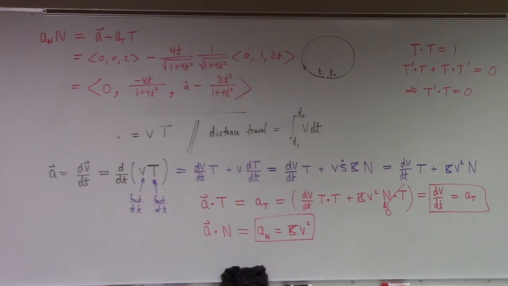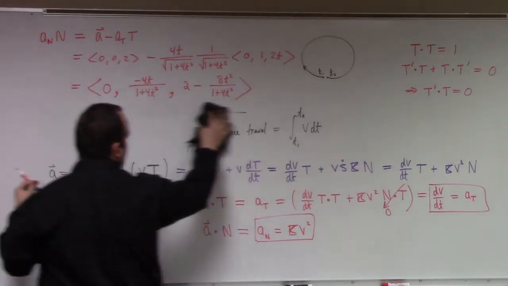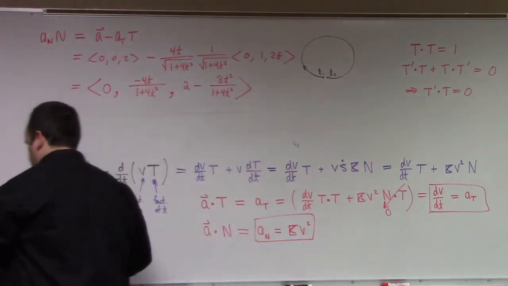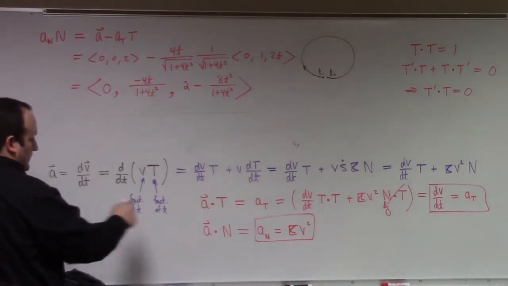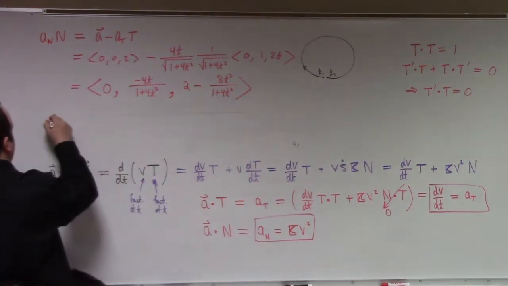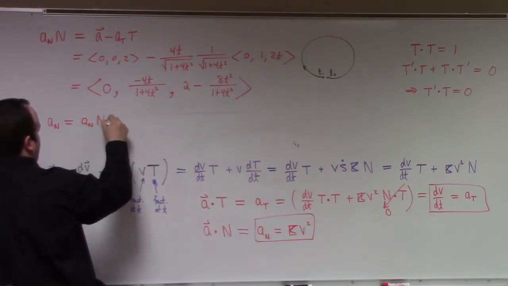But I would also point out that now that you have this, you could calculate the curvature, right? How is the curvature related to the normal acceleration? So down here we have a sub n is equal to a sub n dot n, right?